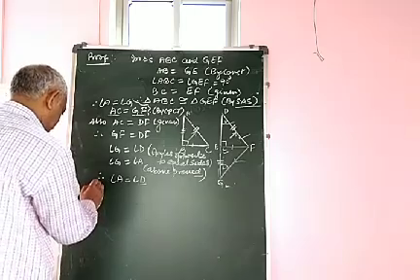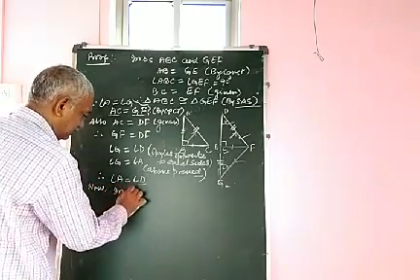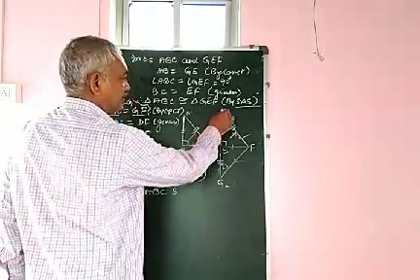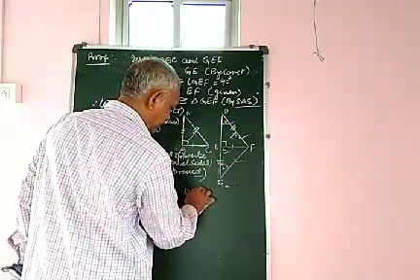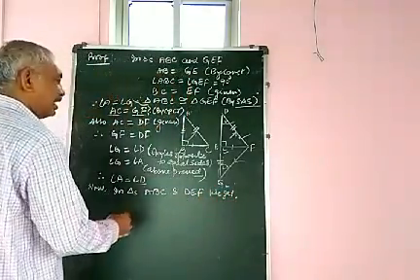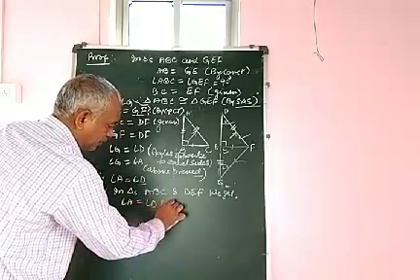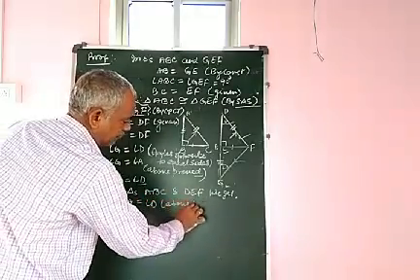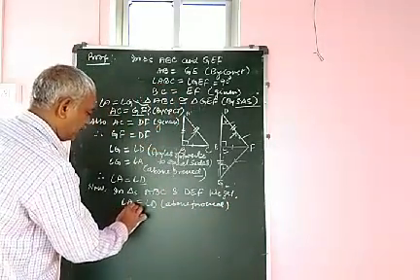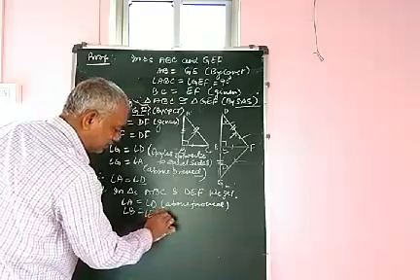Now in triangles ABC and DEF, we get angle A is equal to angle D, proved above, and angle B is equal to angle E is equal to 90 degrees.